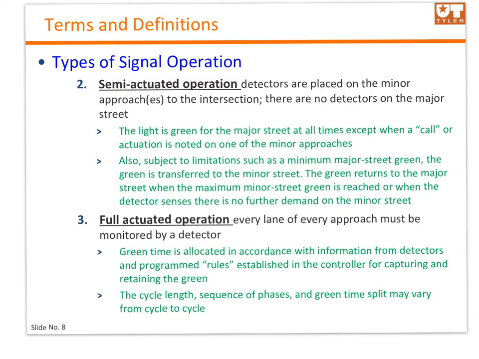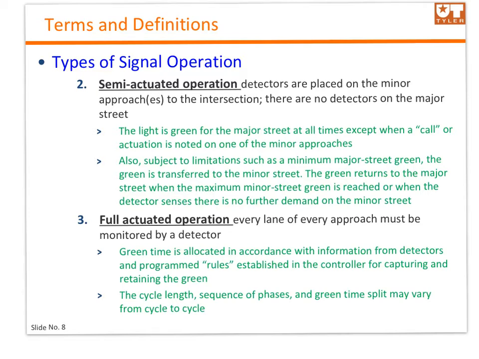So that means it's always going to be green for the major road until there is a detector on the minor street indicating that one or more vehicles want to cross the major street, and therefore now it's time to give the minor street some minimal amount of green time to allow the accumulated vehicles to cross the major road.